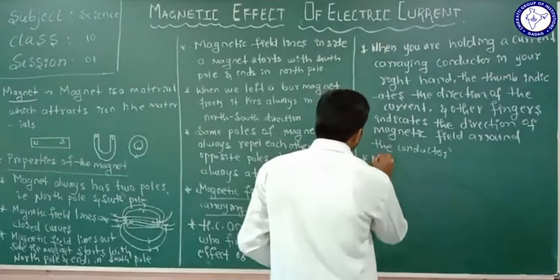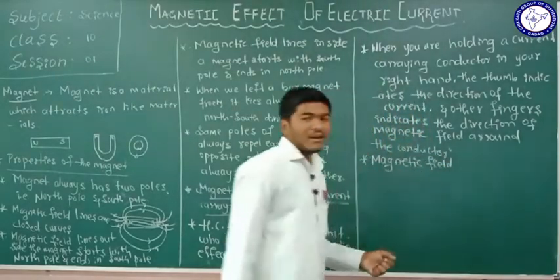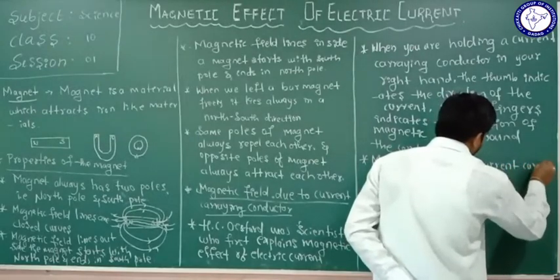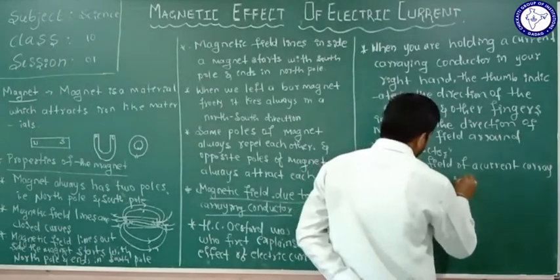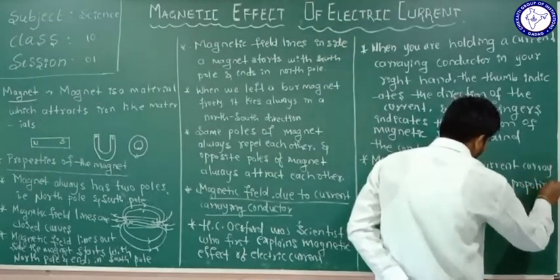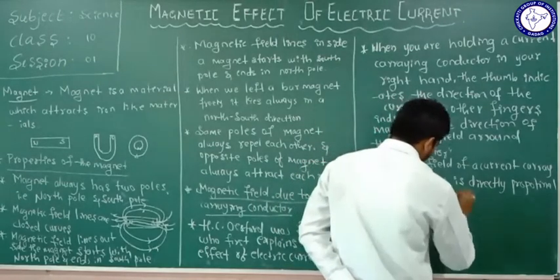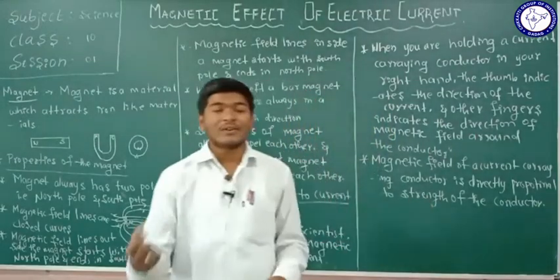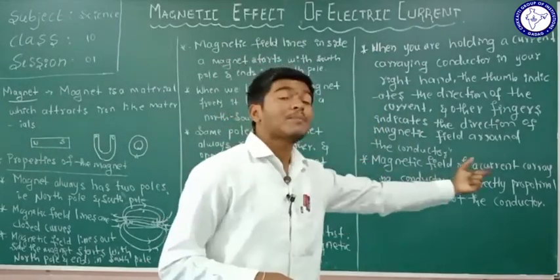According to him, the magnetic field of a current carrying conductor is directly proportional to the strength of the current in the conductor.